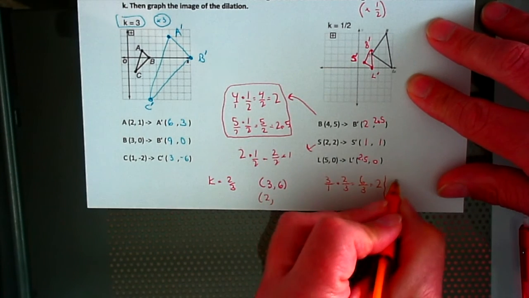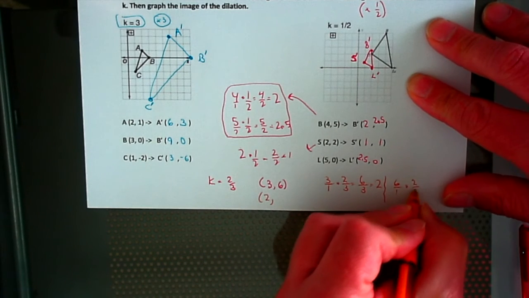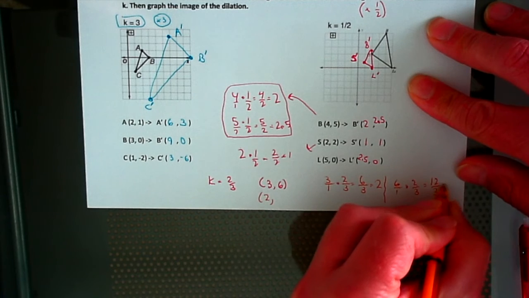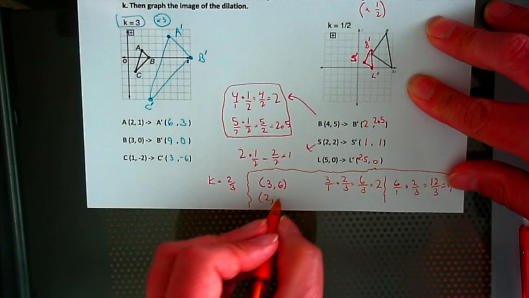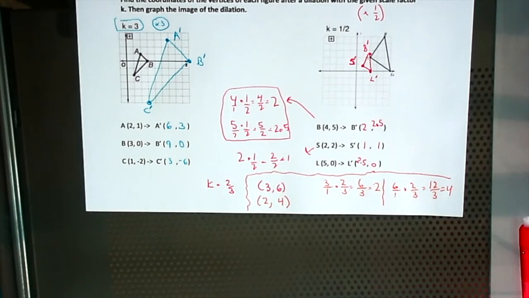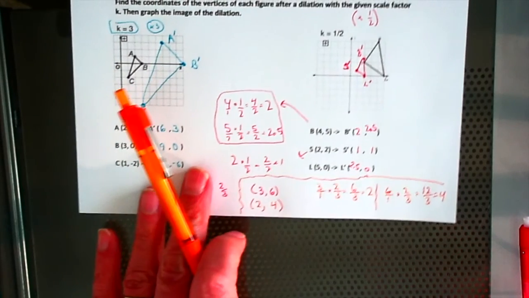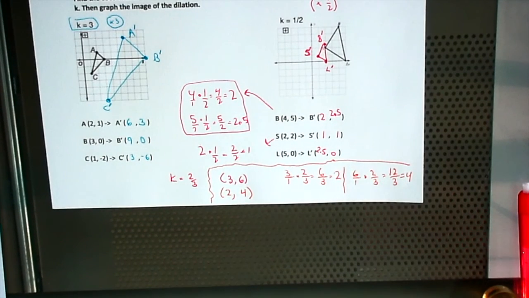That's 6, 6 over 1 times the 2/3, which is that scale factor, which becomes 12 over 3, which is 4. So I can put that there, so it's 2, 4. That gives you a little thing to do if that scale factor isn't as nice and neat as 1/2 or 1/3, if it gives you a fraction. But all you're really doing is just multiplying. The scale factor is all about doing multiplication.